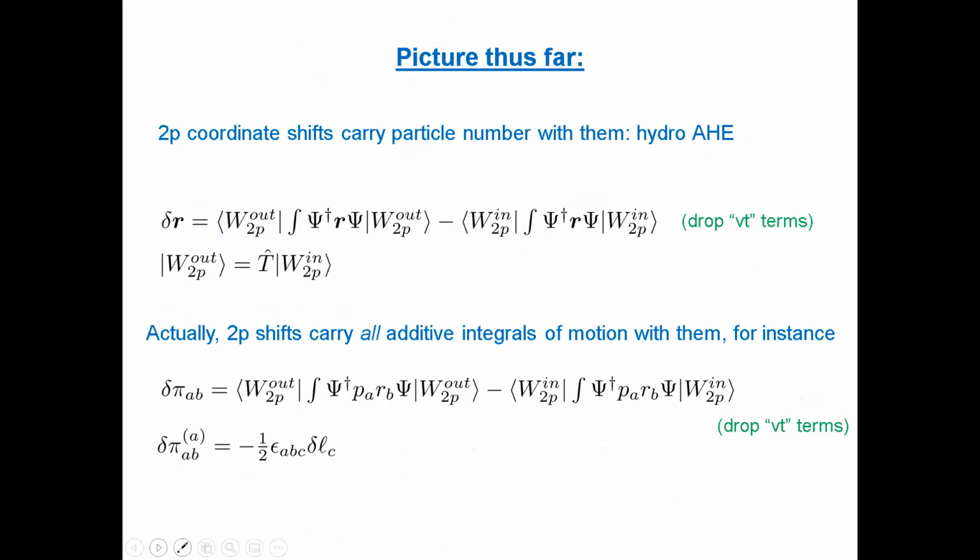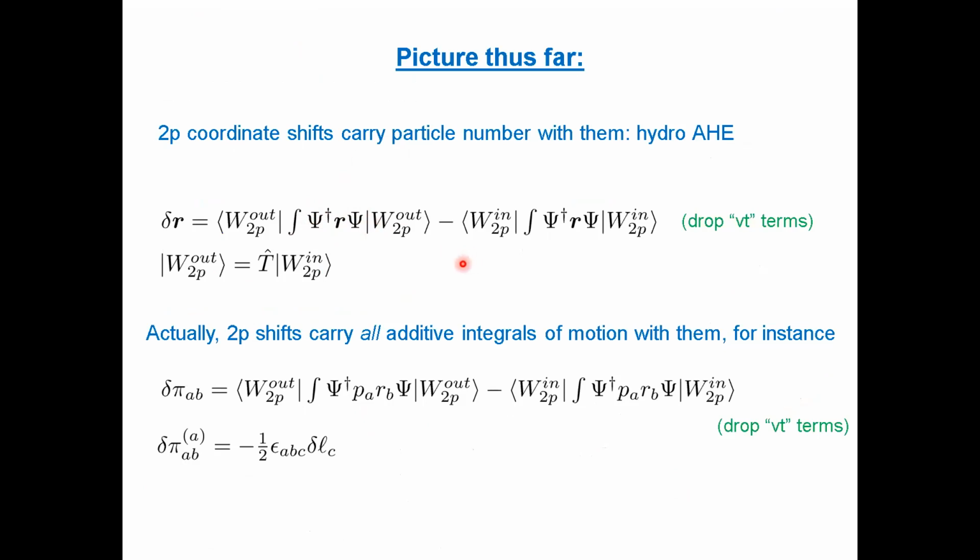Okay, so fine. We talked about shifts. We talked about the anomalous Hall effect that comes from these collisions. What else is interesting here? So far we talked about the shifts, which I defined as the change in the position of the center of mass of the two colliding electrons before and after the collision.